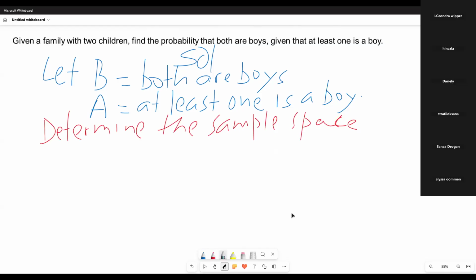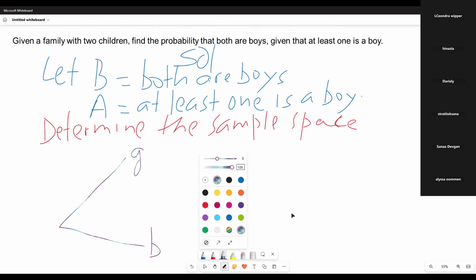Let's say here, when you talk about children, it can be girl or boy, right? Girl or boy.